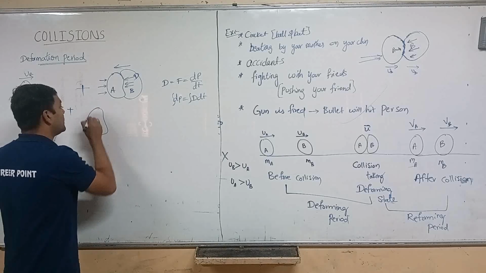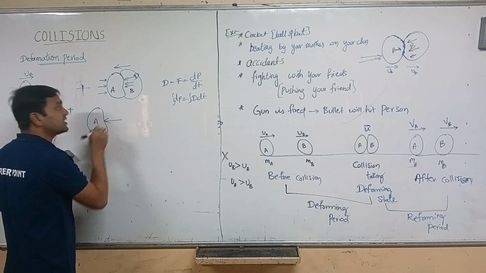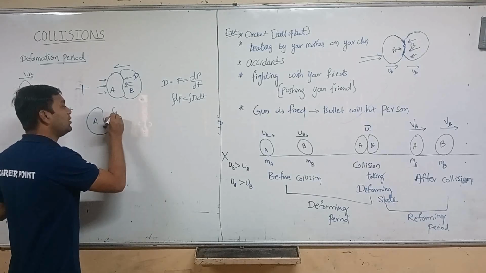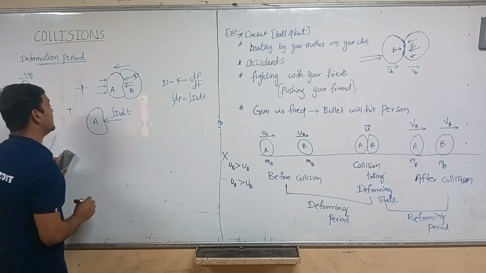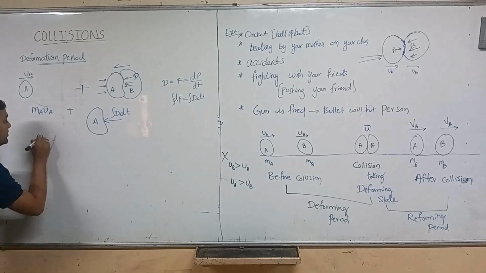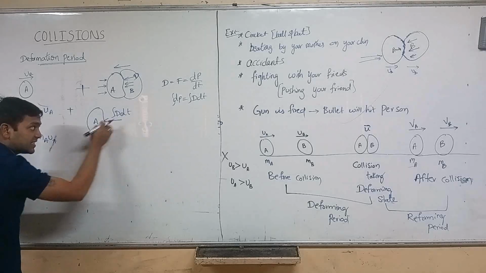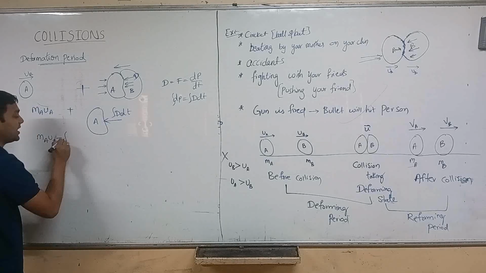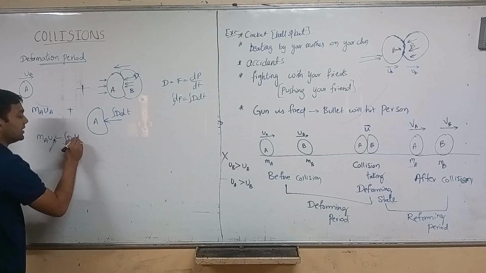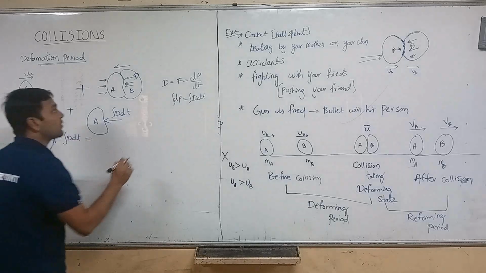Object A is coming in this direction, right? The equation will be equal to MA UA, coming from this direction, minus the integration of F dt.